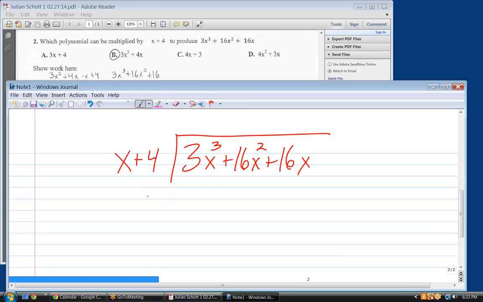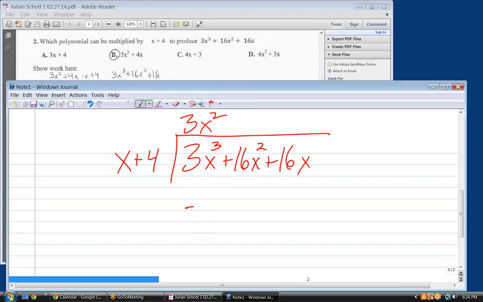It's not much different than long division regularly. You focus on dividing the x into the 3x cubed for starters. What's that? 3x squared. In other words, x times that has to equal this.